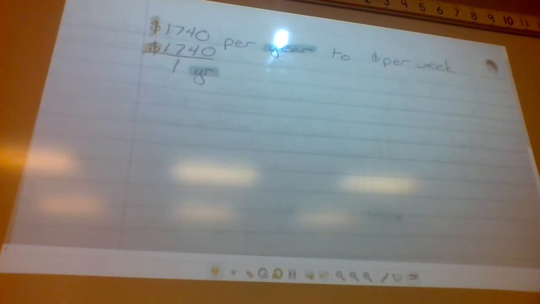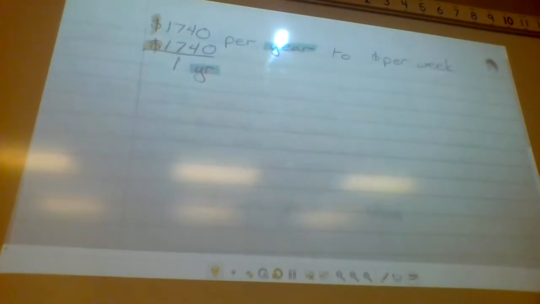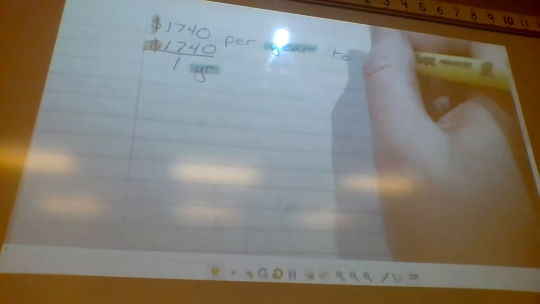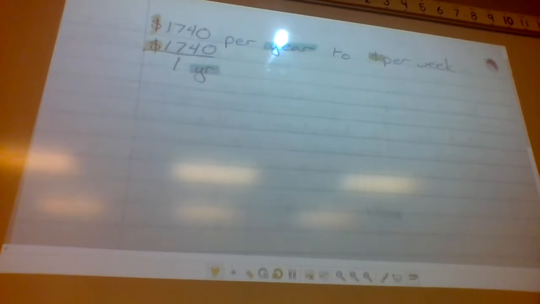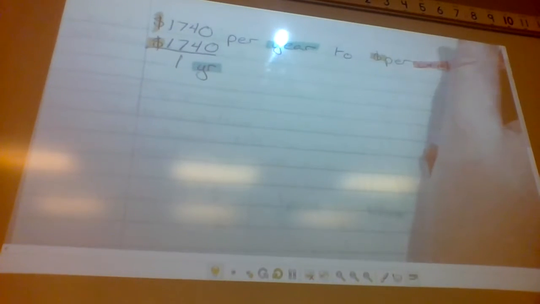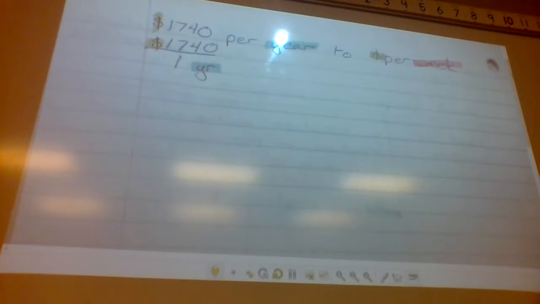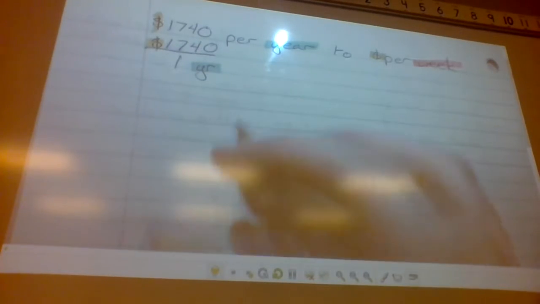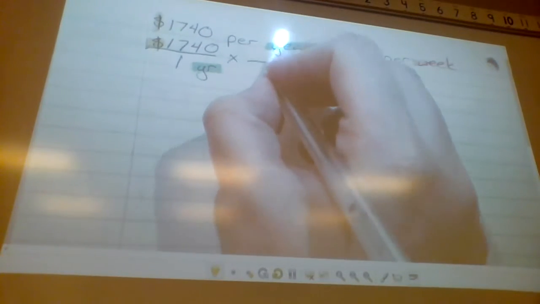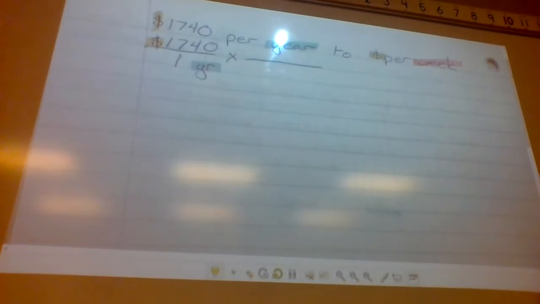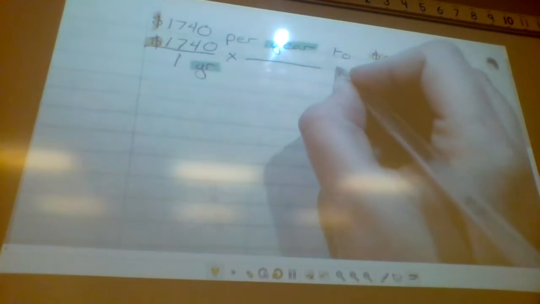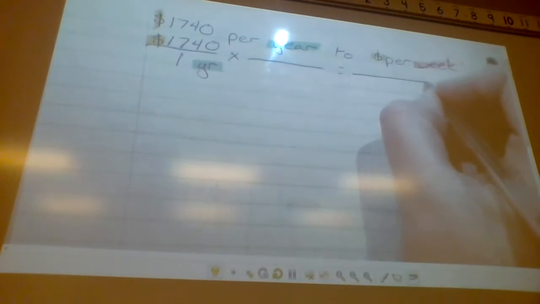One, because what does it have to become? Dollars per week. That means we're going to multiply. You have one ratio, and it's going to equal this over here.